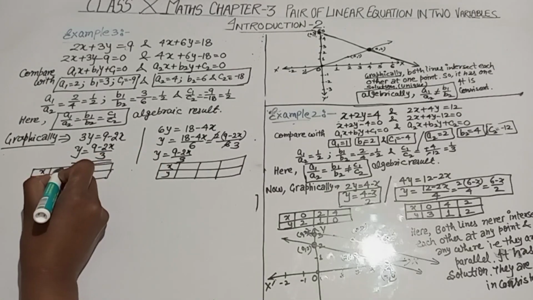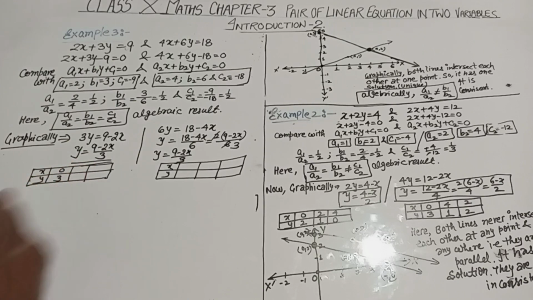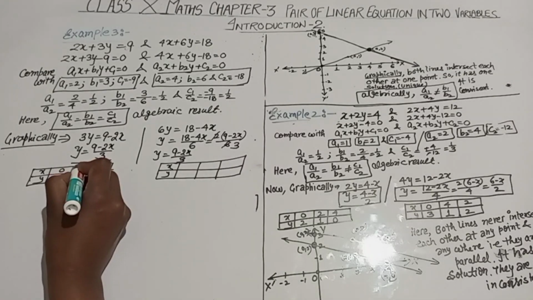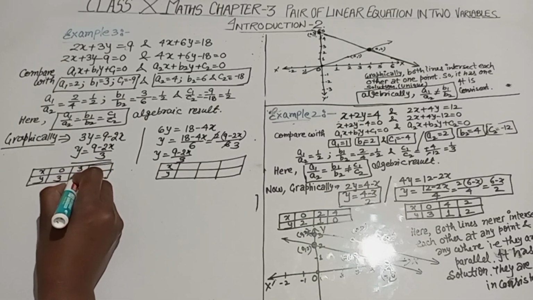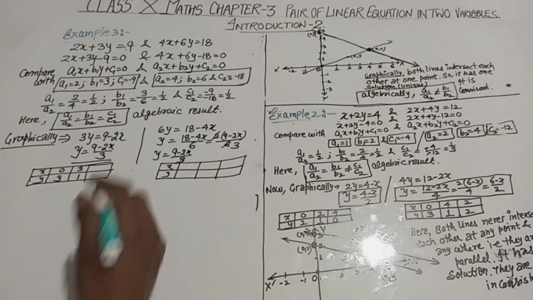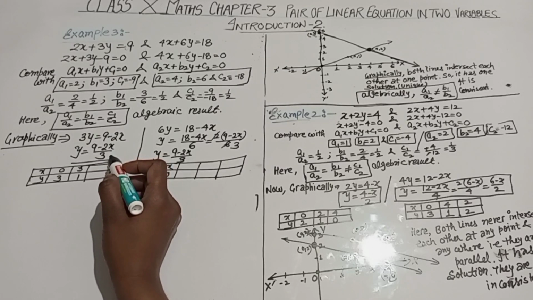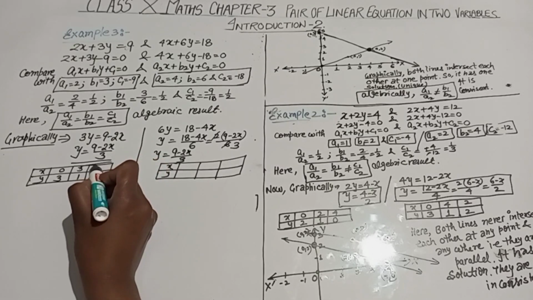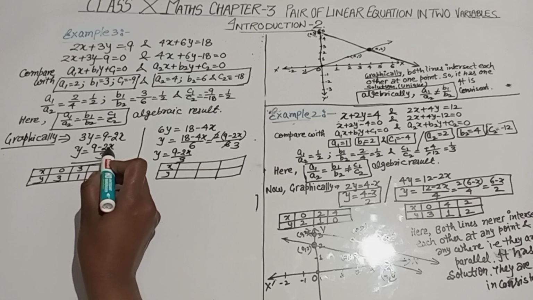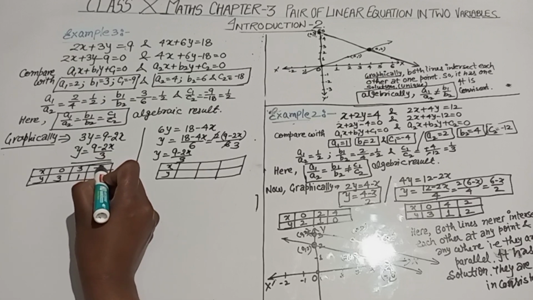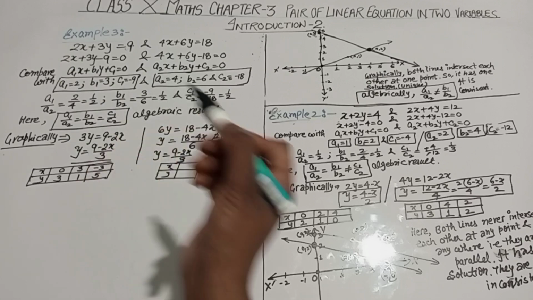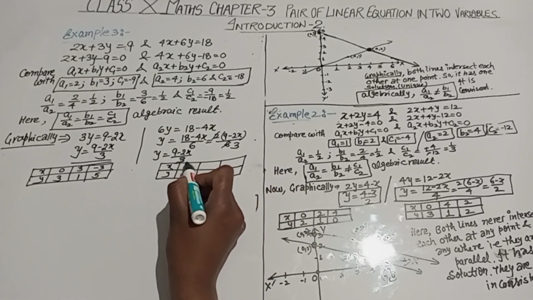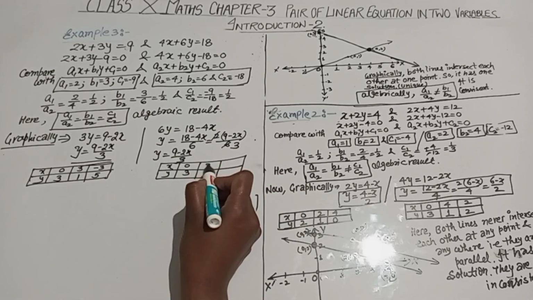So when we put x is equal to 0, y is equal to 3. Okay, 2 threes are 6, 9 minus 6 is 3. When x is 3, y is 1. Now when we put minus 3, 2 times minus 3 is minus 6, so what we get is y equal to 5. Okay, and again the same thing because the numbers are same.